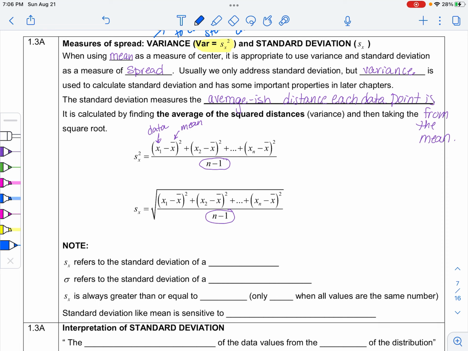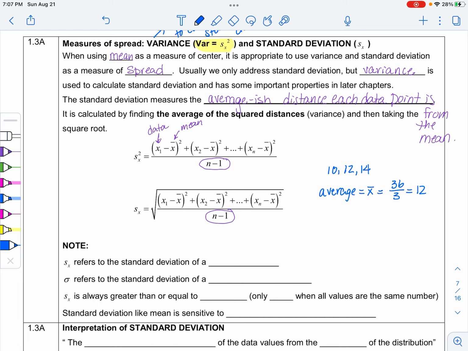A quick, simple example would be if I had these three data points, 10, 12, and 14. I would add them all together to find the average, which is our x bar. 10 plus 12 plus 14 is 36, divided by 3. This gets me 12.